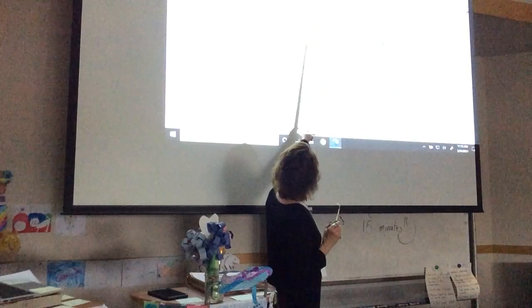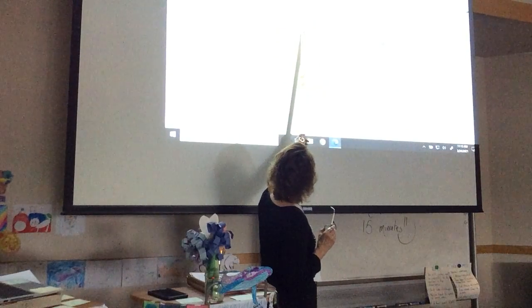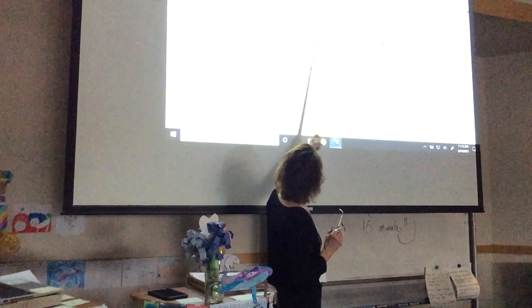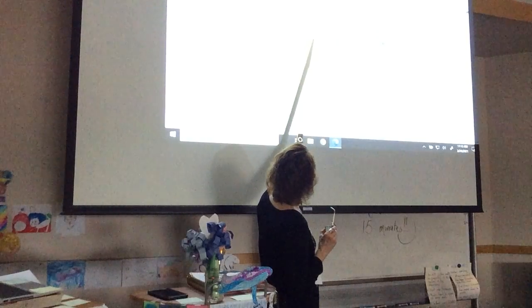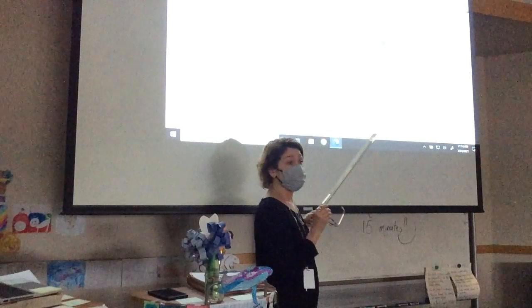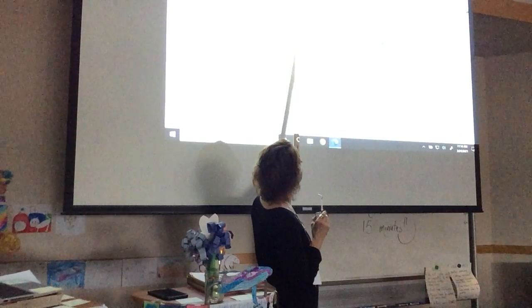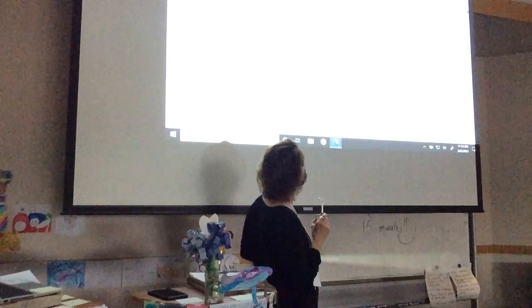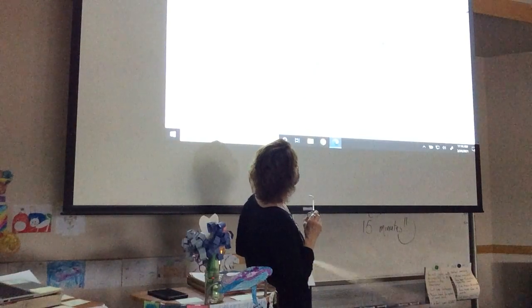1/3 of a number means that the number is divided into 3 equal groups. 1/3 of 12 equals 12 divided by 3, which is what? What is 12 divided by 3? 4. All right.